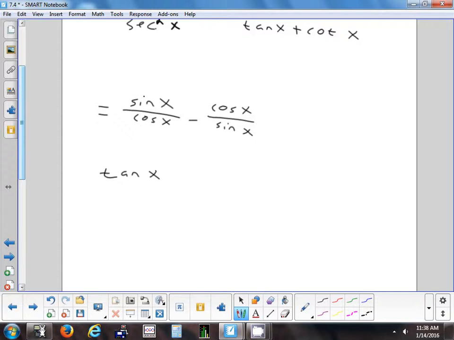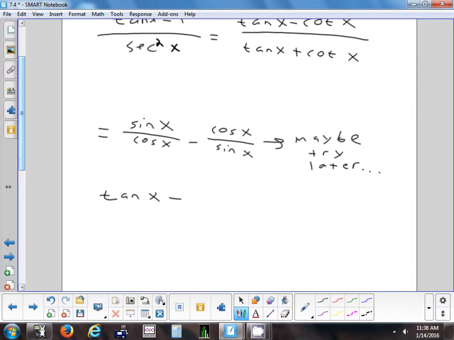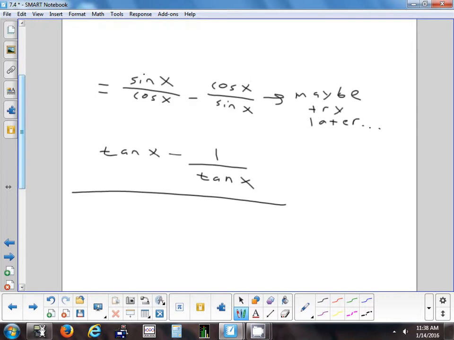Trig identities, especially when you're first learning them, are a lot of trial and error. If you're going down a road and it seems like this is getting worse, just stop and go back to what we were going to try. So right here, maybe try that later if this doesn't work. Okay, so I've got tangent. I'm going to write 1 over tangent, and same thing with a plus sign: tangent plus 1 over tangent.